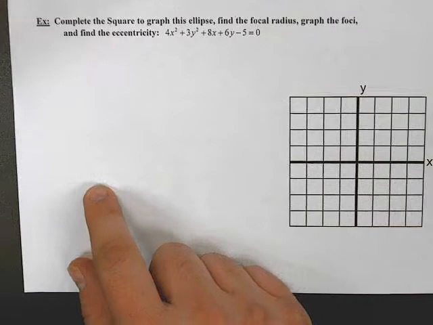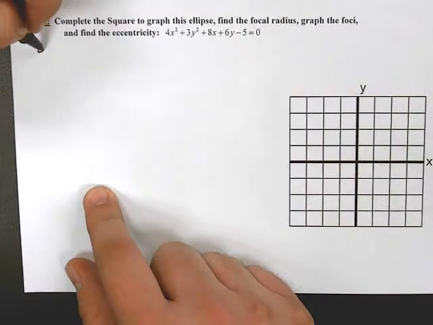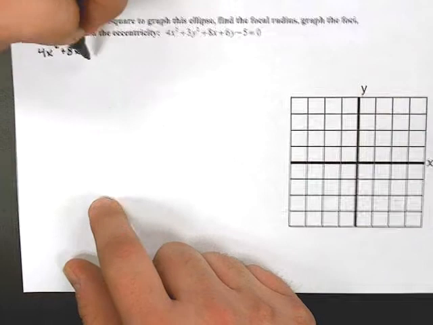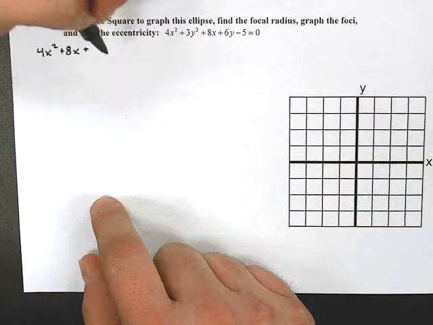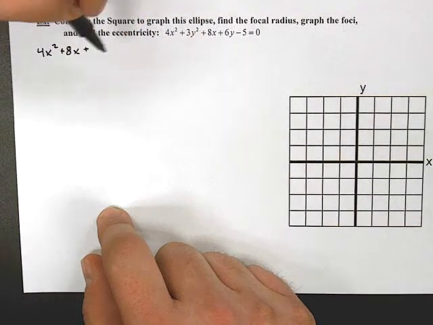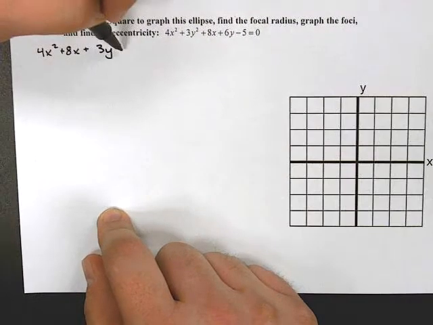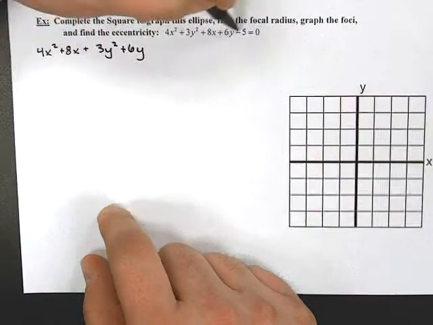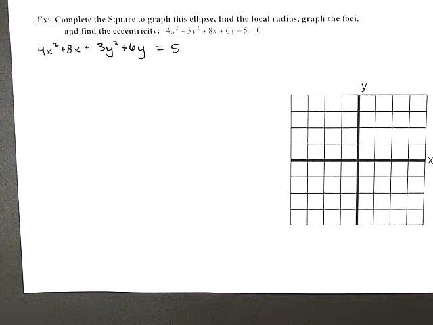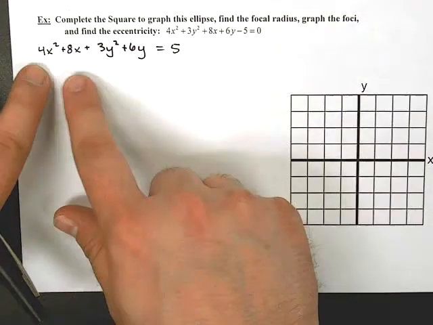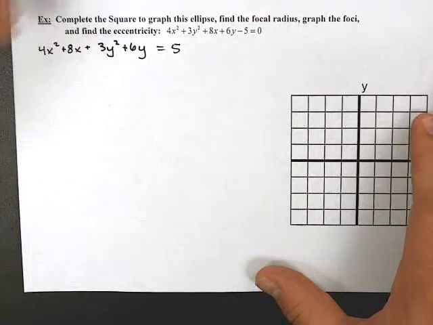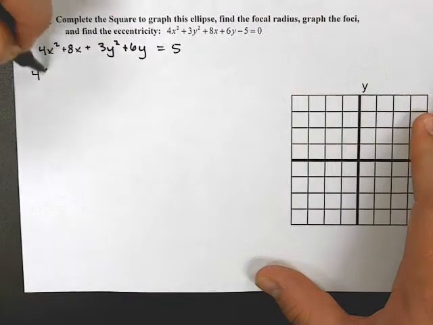So, first things first, we have to rearrange this. 4x squared plus 8x, and 3y squared plus 6y. I am going to move the constant over because I like to have the constant on the side by itself. But hopefully you guys remember, this is not ready to complete the square yet. We need to have coefficients of 1, which means I'm going to factor out a 4.